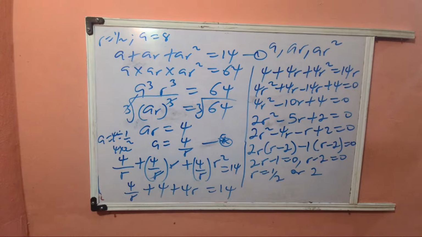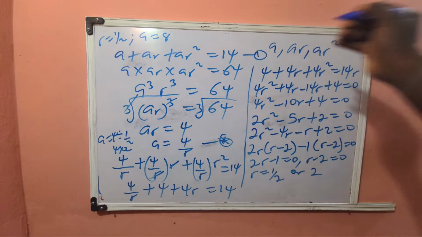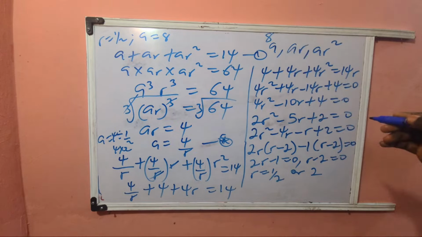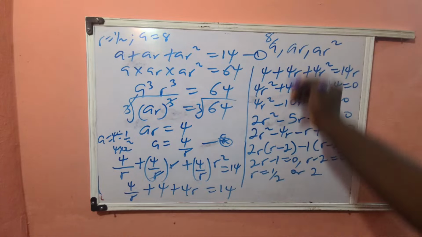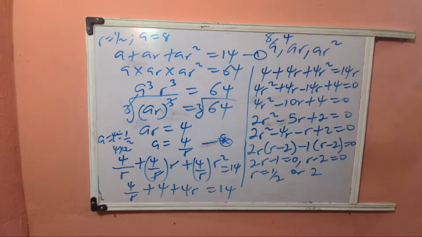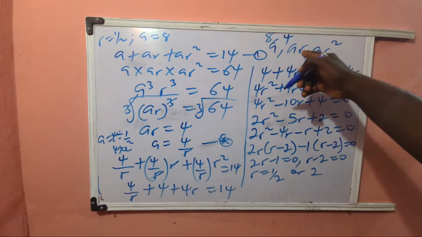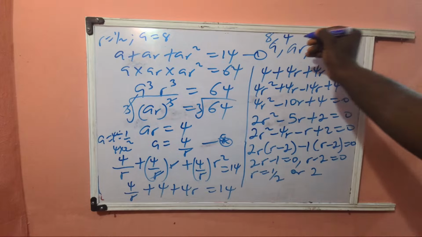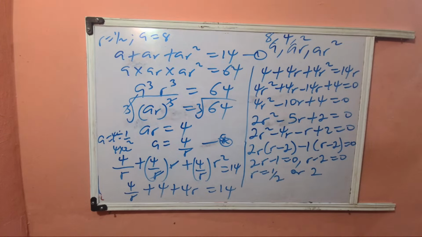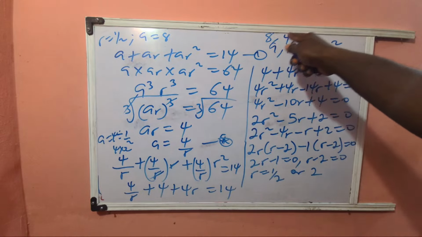And if my A was 8, that means my first term will be 8, and 8 times r, that will be 8 times 1 over 2. My next term will be 4. And this one will be 8 times 1 over 2 squared, that's 1 over 4. That will be 2. So if my common ratio was 1 over 2, my terms will be 8, 4, and 2.